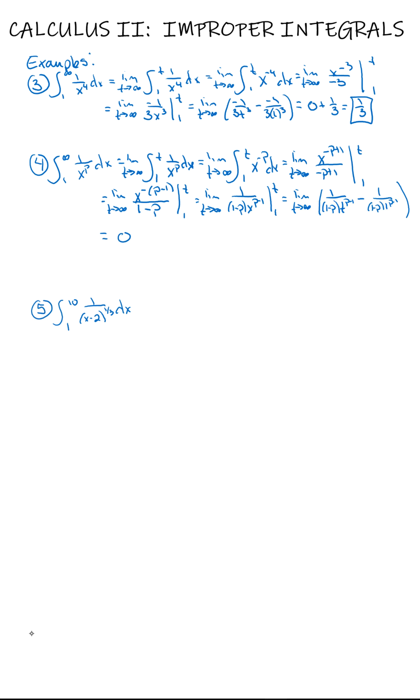So we get 0 minus 1 over 1 minus p, which we could write as, let me take this negative and distribute it into the denominator, which gives us 1 over p minus 1. Now, this is only true for p greater than 1. It turns out that when p is less than or equal to 1, this diverges.